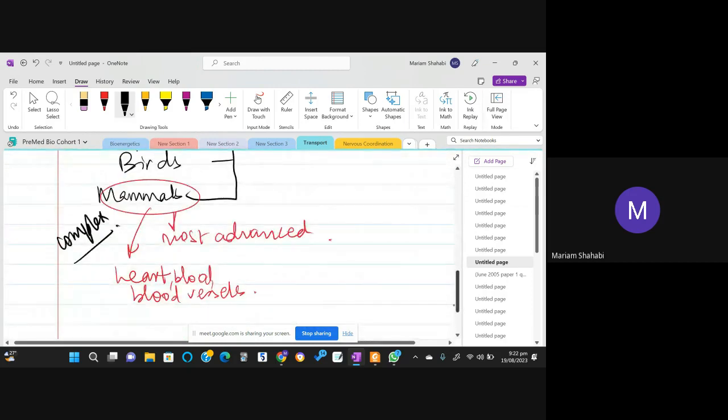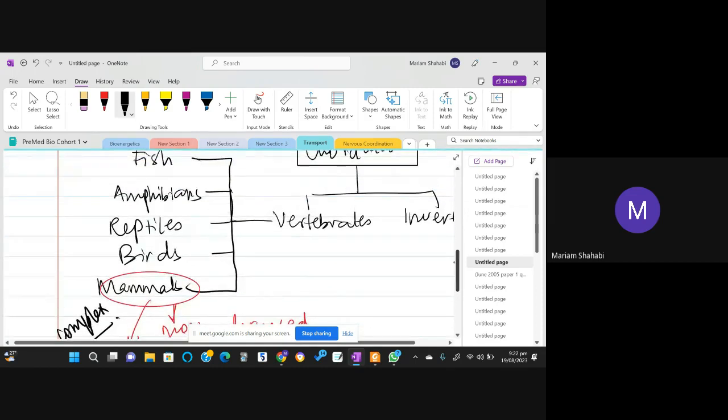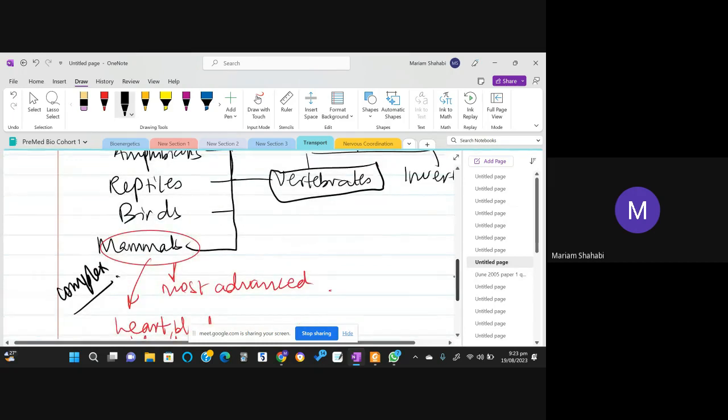तो हमारी नीड ऐसी है कि we need a complex mechanism of transport. We need a complex circulatory system, and not just mammals, even vertebrates in general. We have a general pattern of circulatory system jisme there is a pumping organ which is the heart.